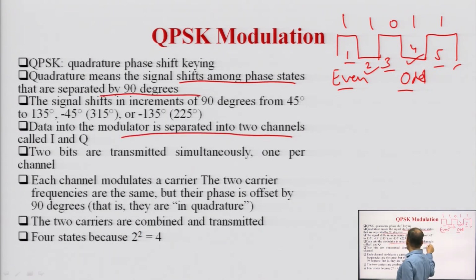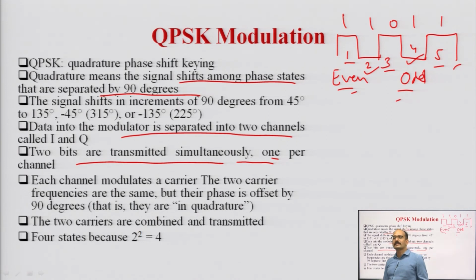Data into the modulator is separated into two channels called I and Q, for the even bit stream and odd bit stream. 2 bits are transmitted simultaneously, one per channel, meaning one channel is I and one channel is Q, quadrature. One channel is for the even bit stream, another is for the odd bit stream.